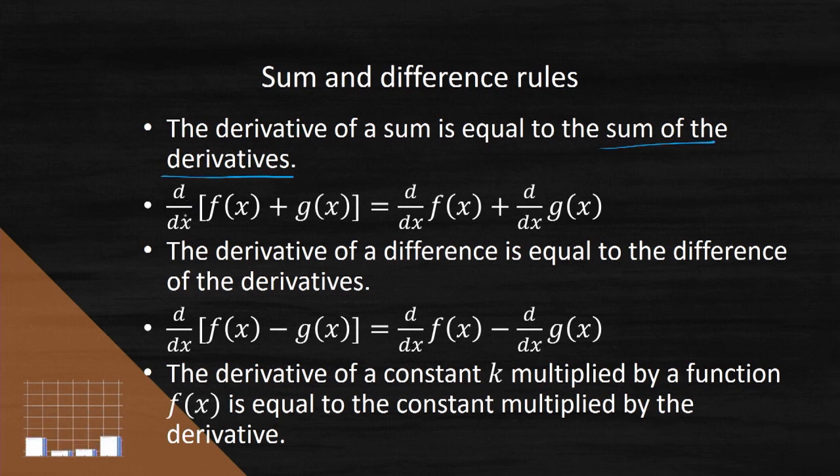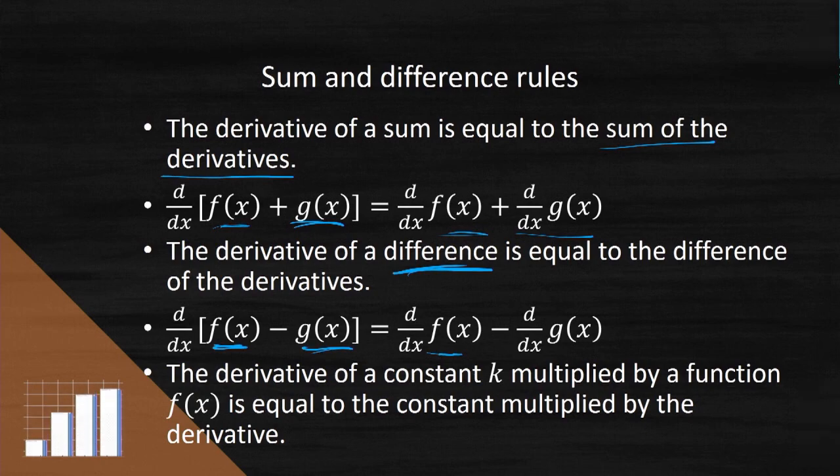So if you have the derivative of f of x plus g of x, that basically means you're going to find the derivative of f of x, and then you're going to add that to the derivative of g of x. Similarly, the derivative of a difference, so that's where you see a subtraction sign, is equal to the difference of the derivatives. So if you have the derivative of f of x minus g of x, then that is equal to the derivative of f of x minus the derivative of g of x.